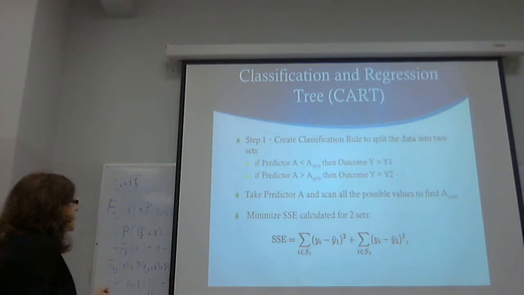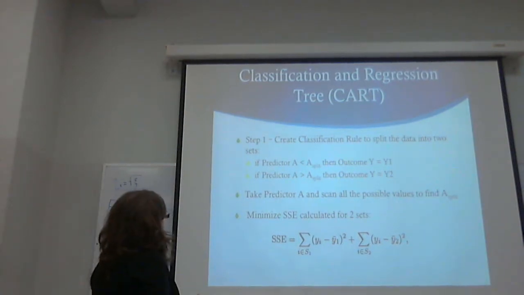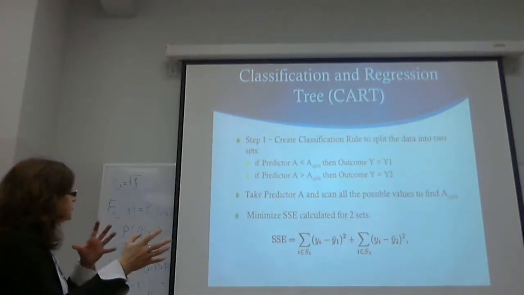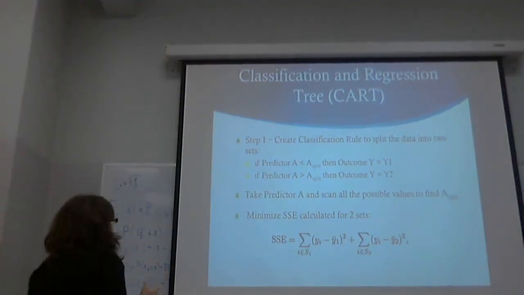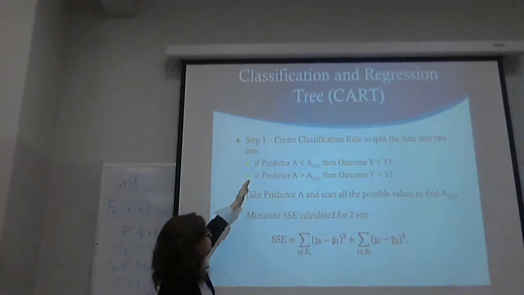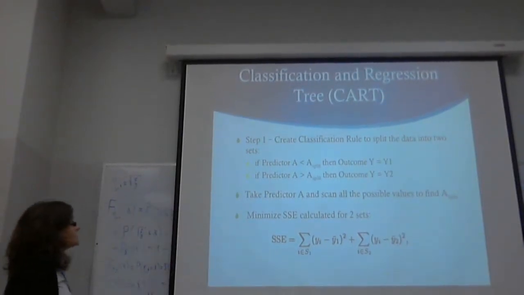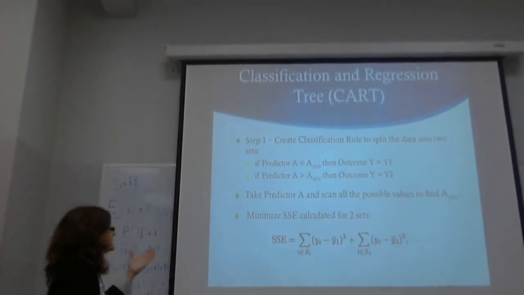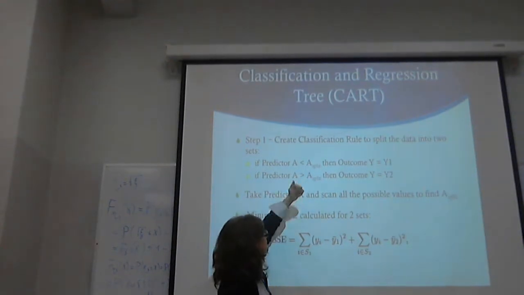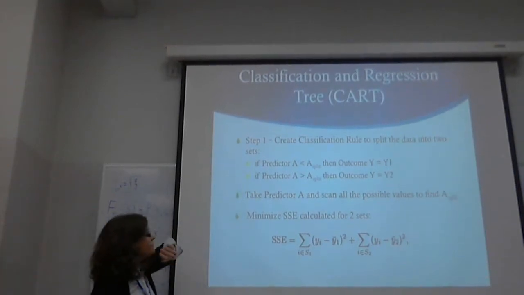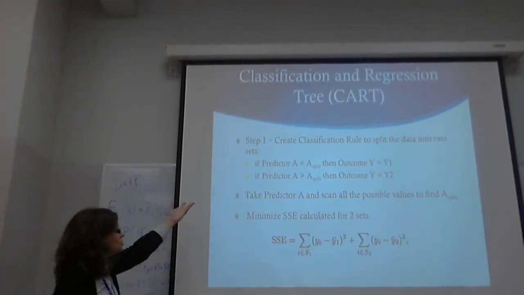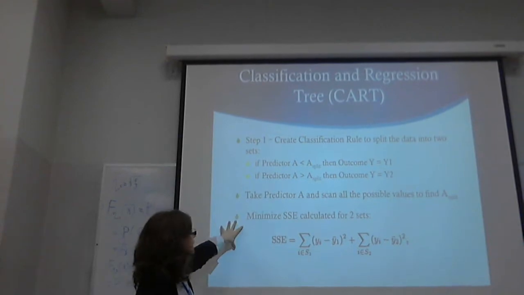Again, the algorithm is that you try to find the split for each predictor in a set, and you define a set of rules. If A is less than the splitting threshold, then the output is 1. If the predictor is greater than the splitting threshold, then the output is 2.